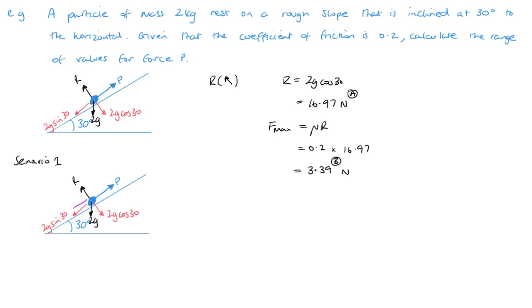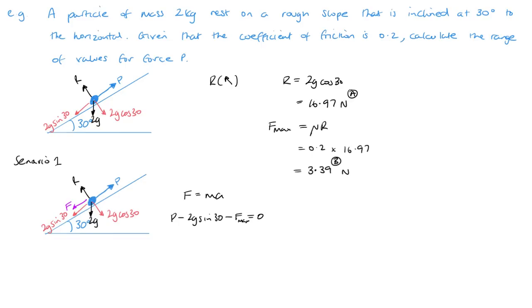So scenario 1 is the friction's acting down the slope. So let's deal with that. So that will be F equals ma. There's no acceleration, so it's just the F values. So P minus 2g sine 30 minus F equals 0.